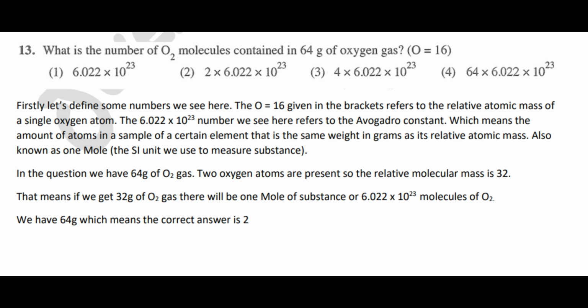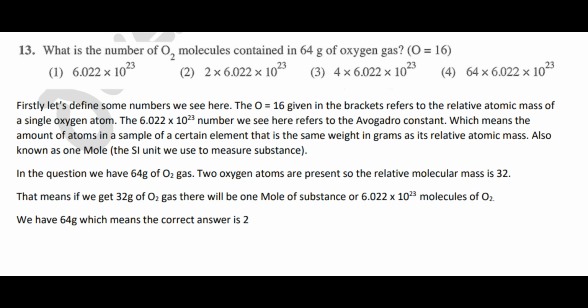What is the Avogadro constant? It is the amount of atoms in a sample of a certain element that is the same weight in grams as its relative atomic mass, or molar mass if we are talking about a molecule. In the question, we have 64 grams of O2 gas. 2 oxygen atoms are present, so the relative molar mass is 32, because we are talking about oxygen gas.